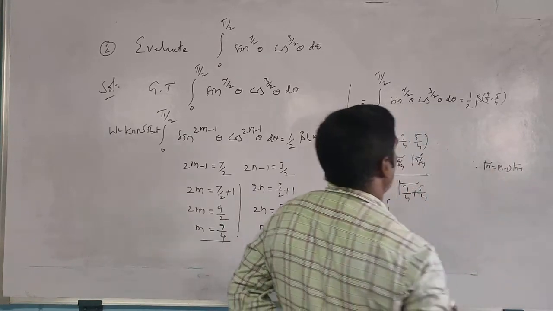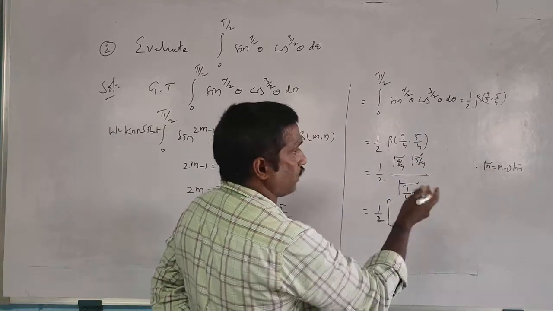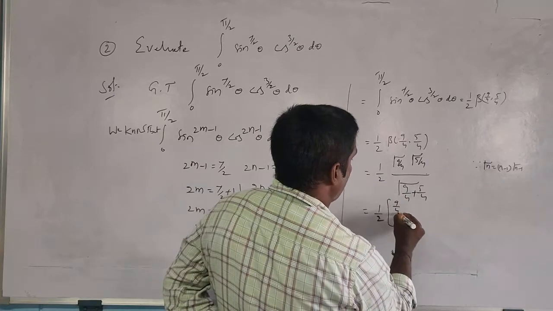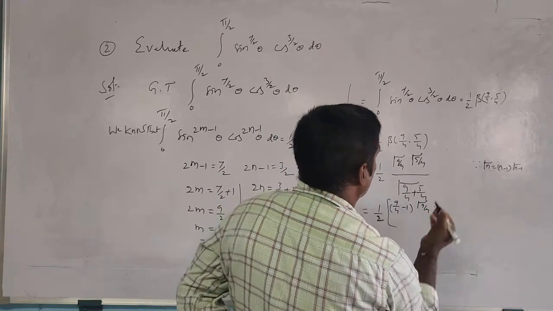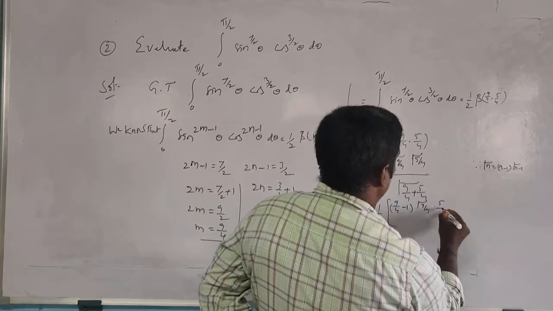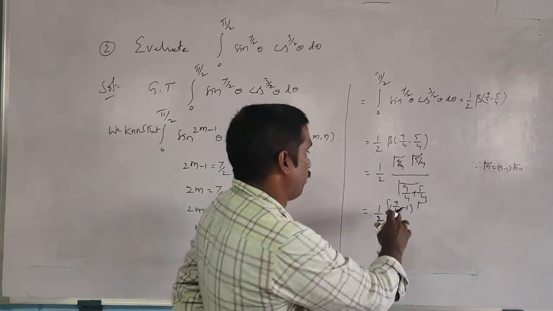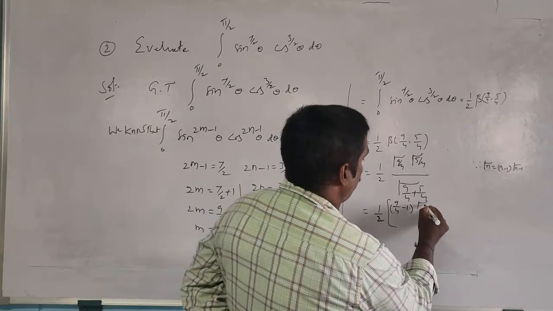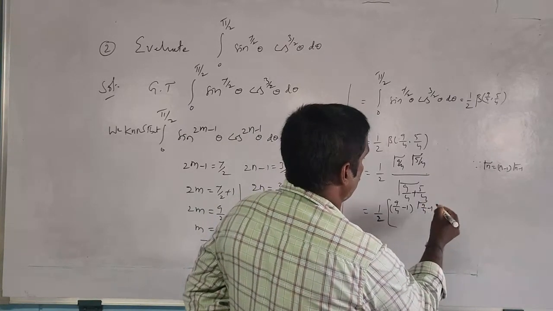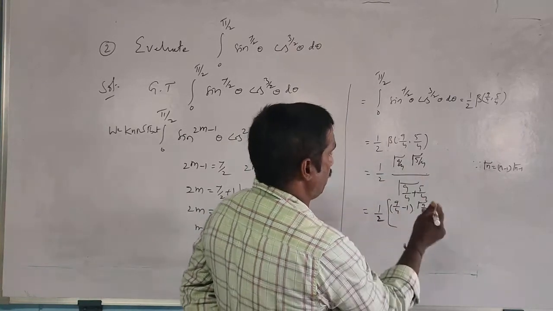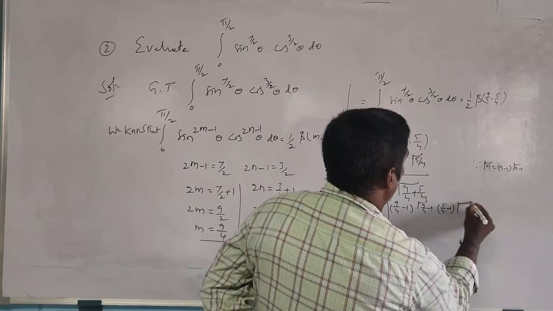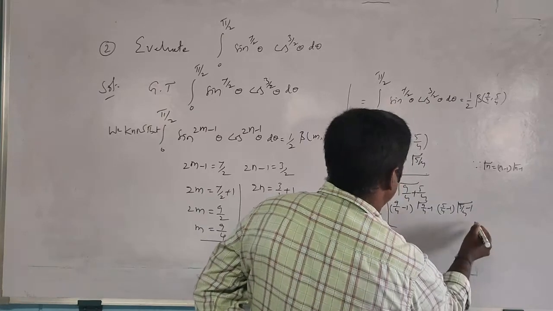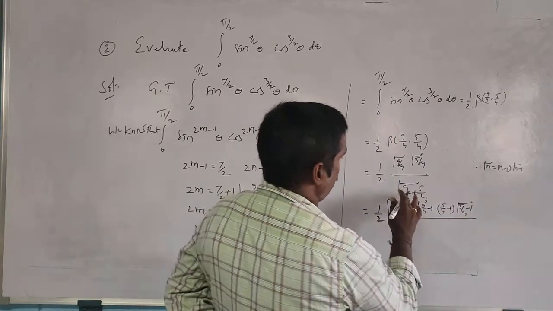Here apply the formula: 9 by 4 minus 1 into gamma of 9 by 4 minus 1. Now write gamma of 5 by 4: 5 by 4 minus 1 into gamma of 5 by 4 minus 1.